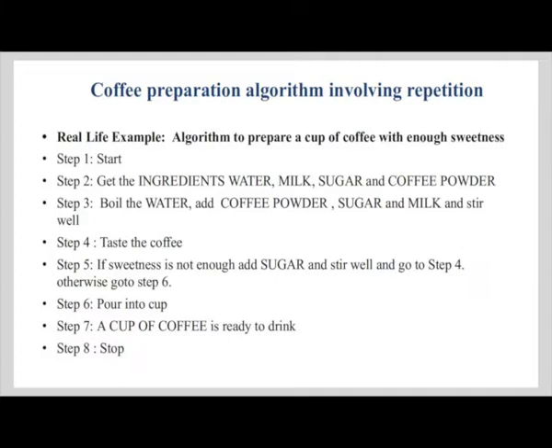Step 5, if sweetness is not enough, add sugar and stir well and go to step 4. Otherwise, go to step 6. Step 6, pour into cup. Step 7, a cup of coffee is ready to drink. Step 8, stop.